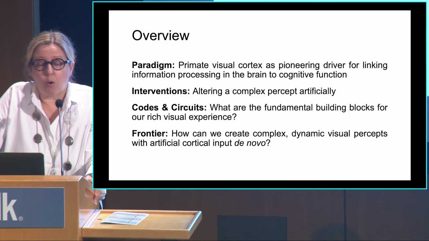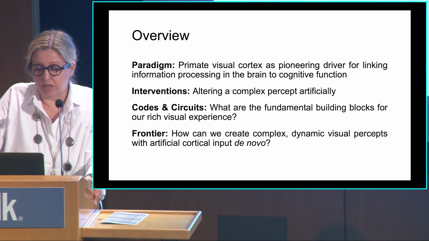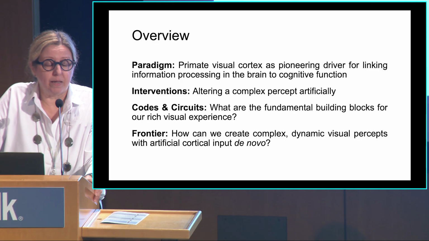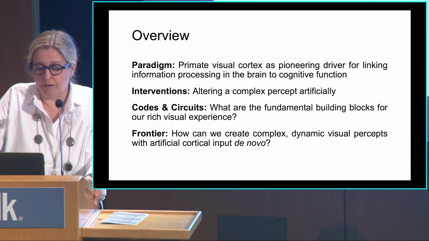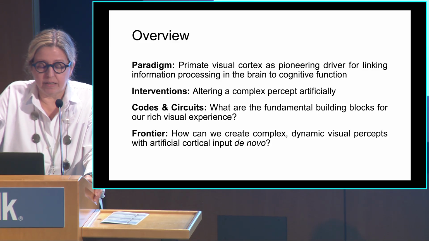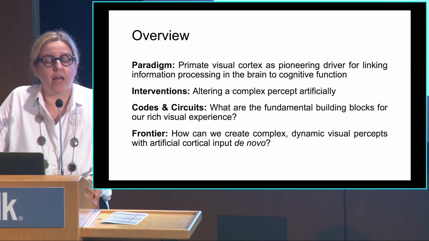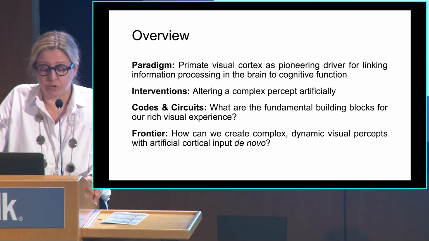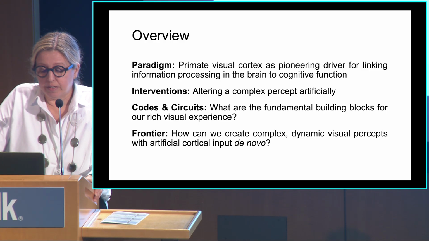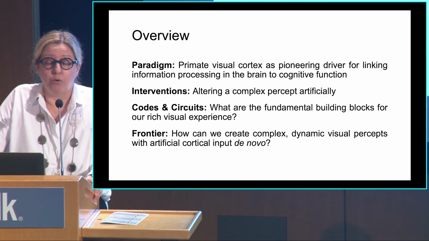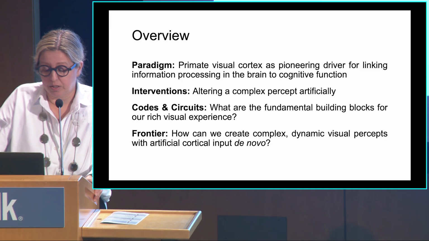And then I will go out from these focal points of intervention and ask, how can we put maybe multiple of them together as fundamental building blocks to generate a rich visual experience. And at the end, I want to look at the question, which I think is important in order to understand the codes for perception, the way this is generated in the brain, how we can create complex dynamic visual percepts with artificial input de novo without a visual input, which has so far eluded us.